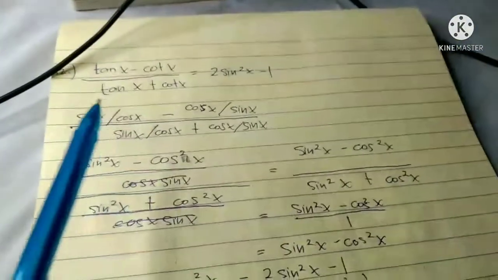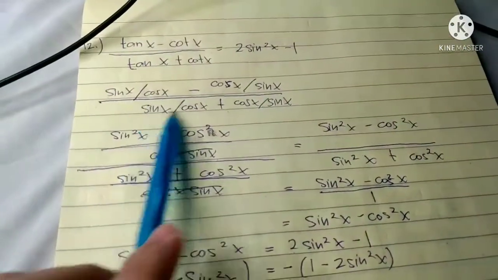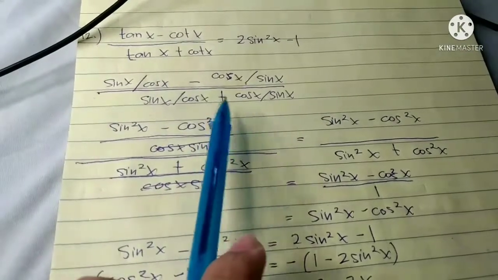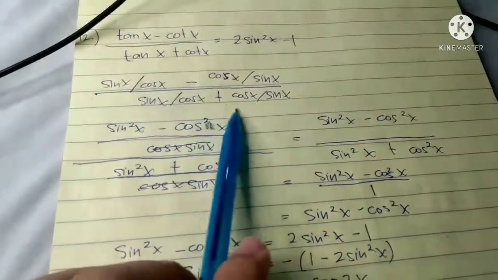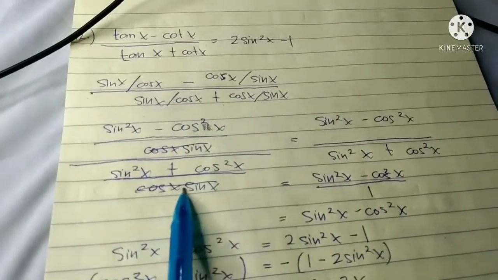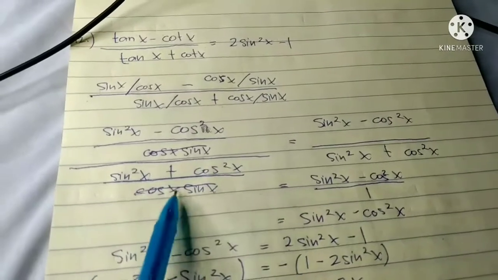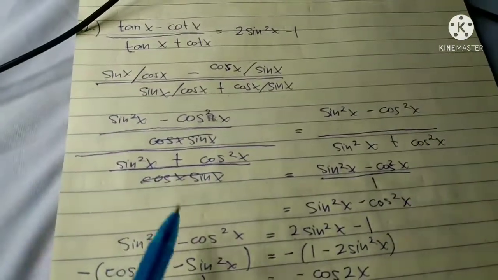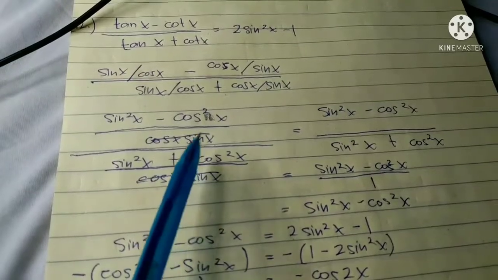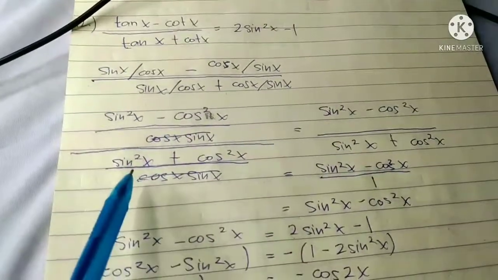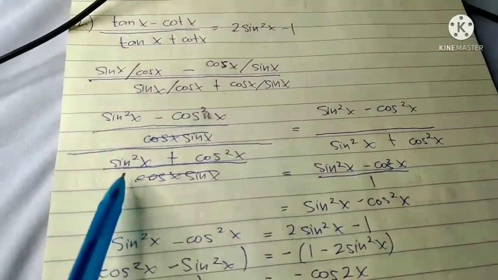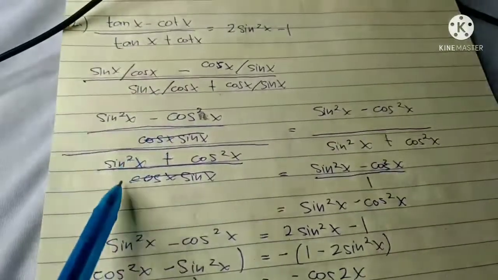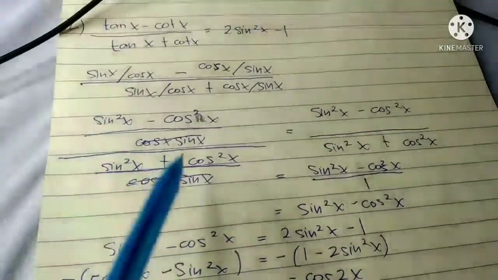Now the denominator, when we add them, their denominator will be cosine x sine x. So cosine x sine x divided by cosine x will be sine x. Then we multiply sine x to sine x, we will get sine squared x.